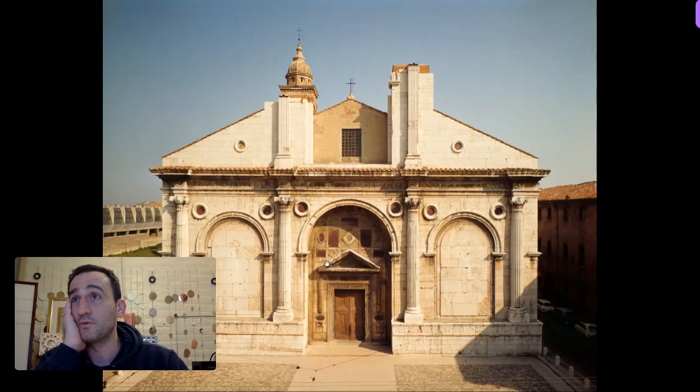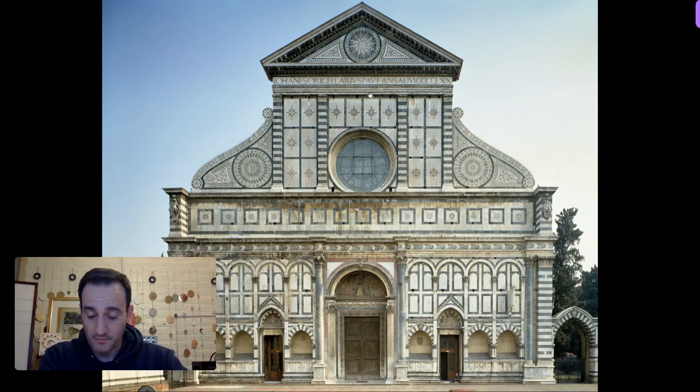And in fact, let's go to Santa Maria Novella. That's a better example. Perfect. So here, the entablature is the upper portion above the architrave beam. That's the architrave beam below the roof, the gable.